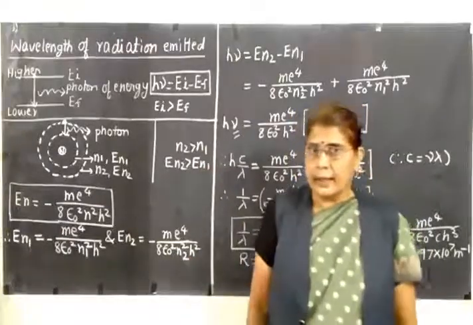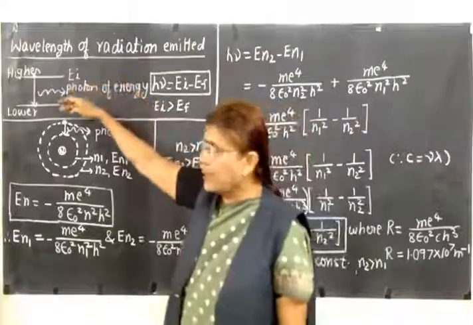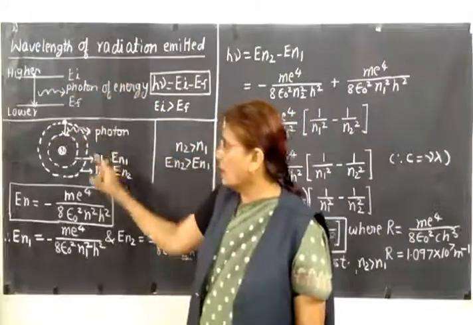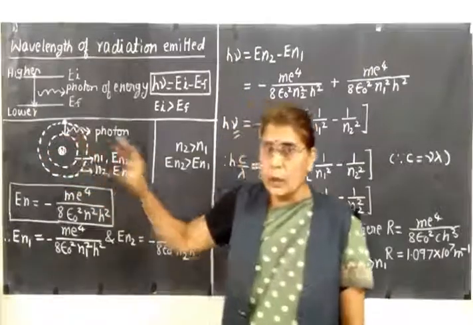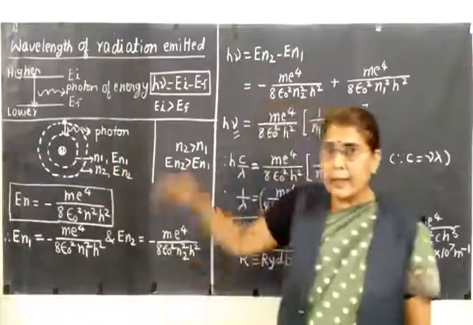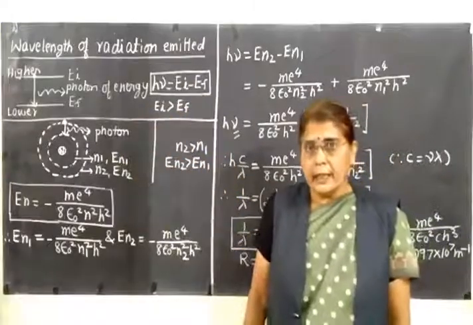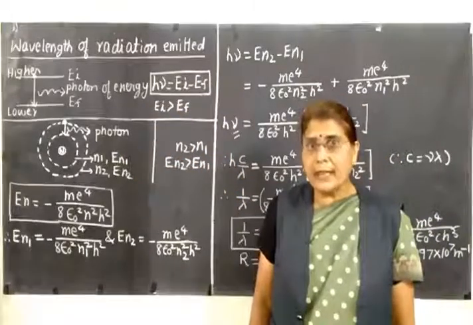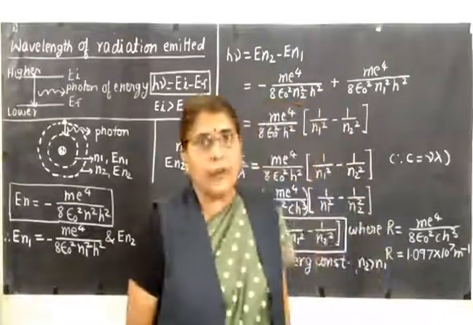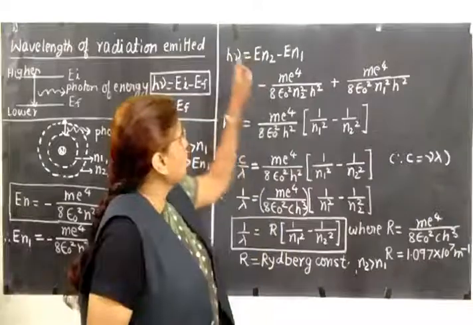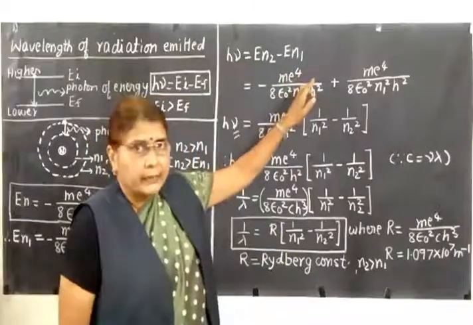Now, let us suppose that an electron makes a transition from the outer orbit to the inner orbit. So, when an electron makes a transition from higher energy state to the lower energy state, electromagnetic radiation is emitted out and the energy of the emitted photon is given as h nu equal to En2 minus En1.